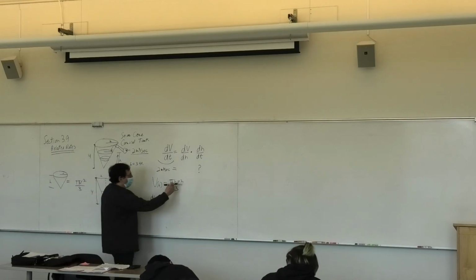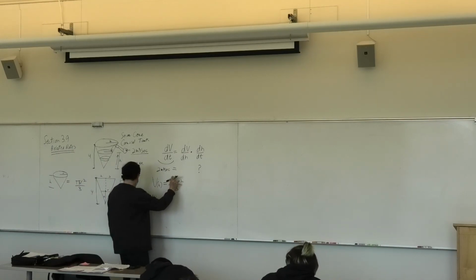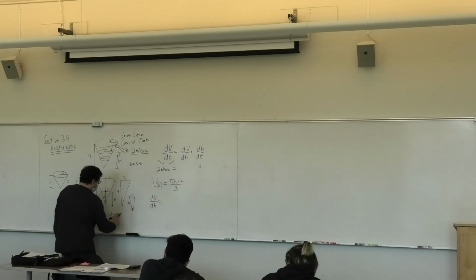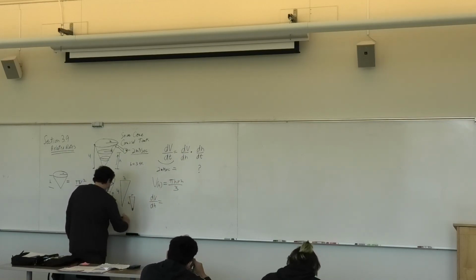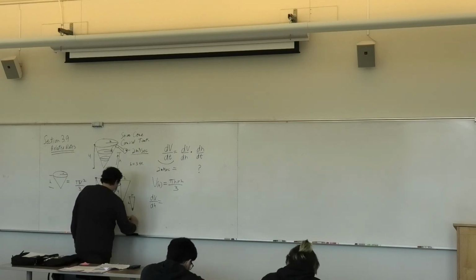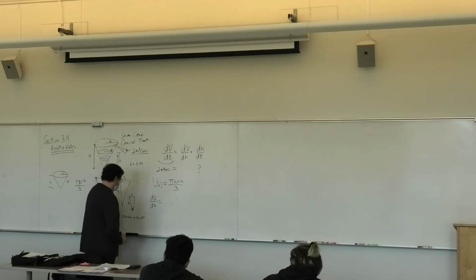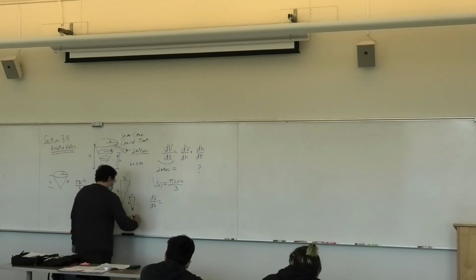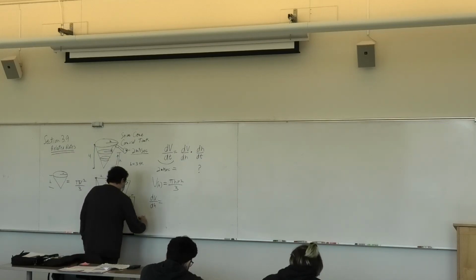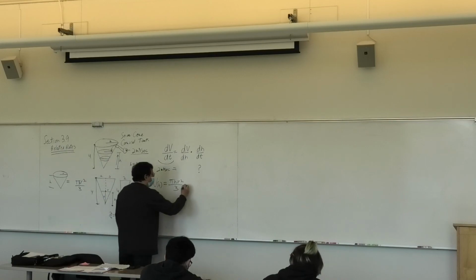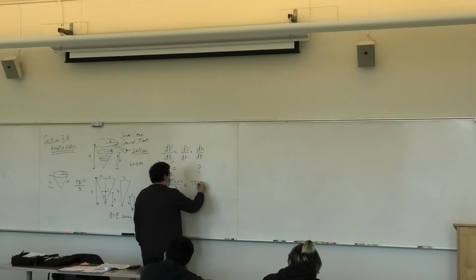Okay, so really, we want this in terms of H, right? But we have an R. Well, 2H equals 4R, or H equals 2R. No, I want to solve for R. R equals 1/2 H. So I can plug in here: pi H (1/2 H) squared over 3.